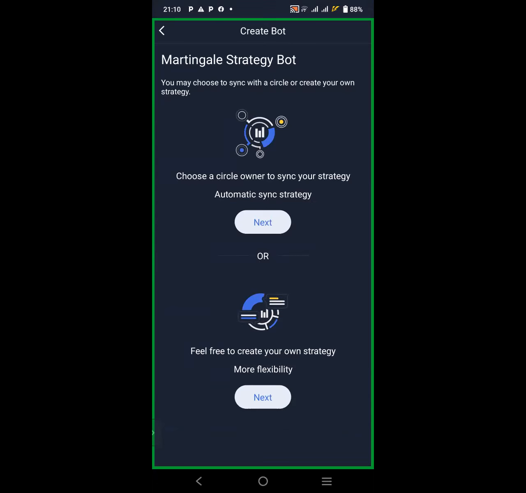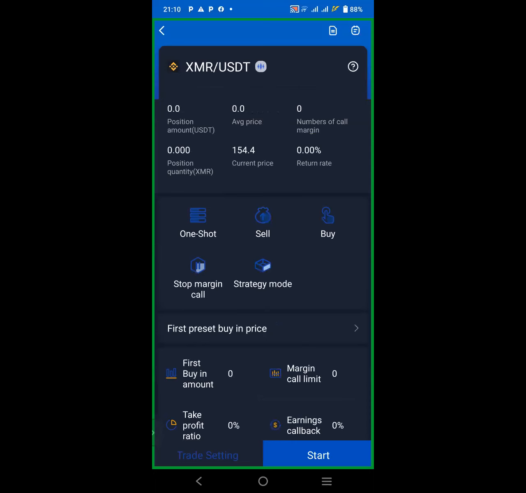This is beautiful. You can edit, you can do whatever so that you get the best according to what you have. So now click next at the bottom. We are going for our own signature strategy. Click next. Beautiful. So now at the bottom left, there's trade setting. Click trade setting at the bottom left.